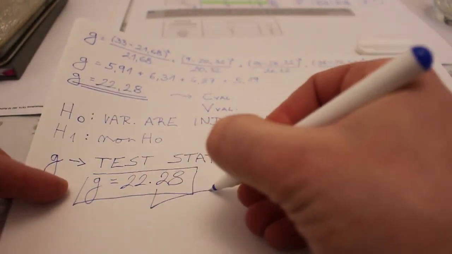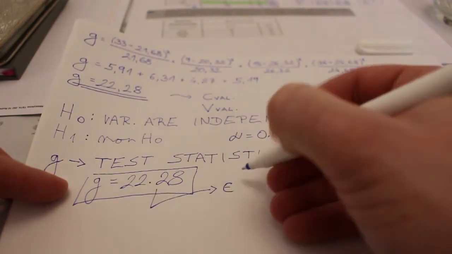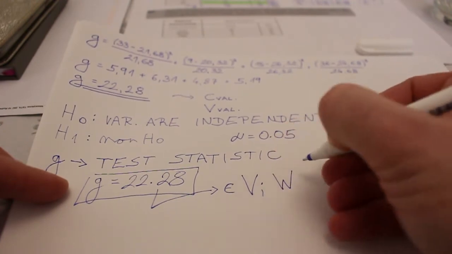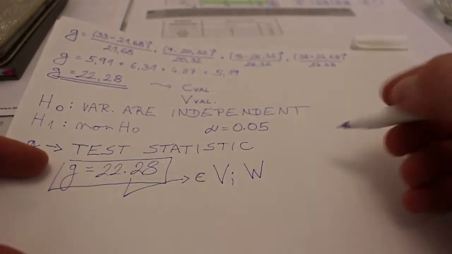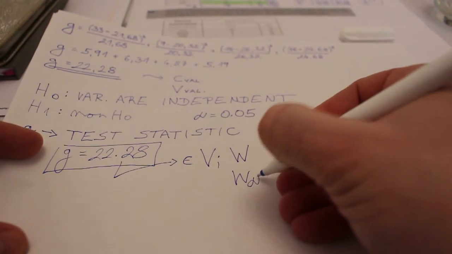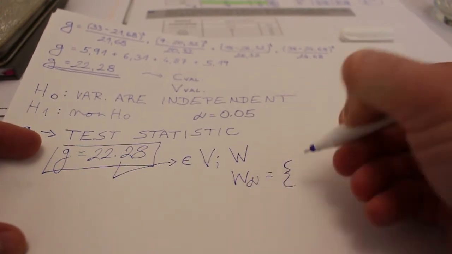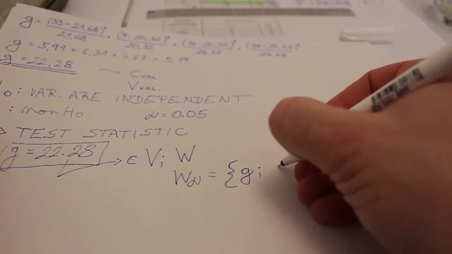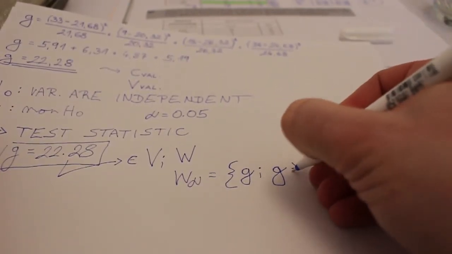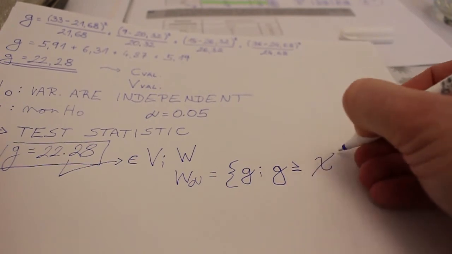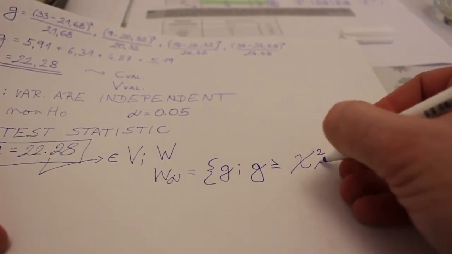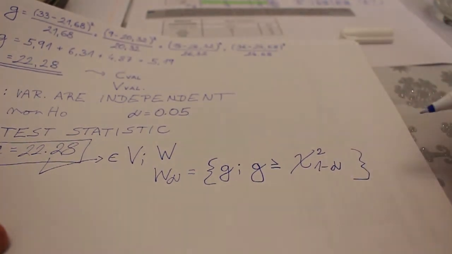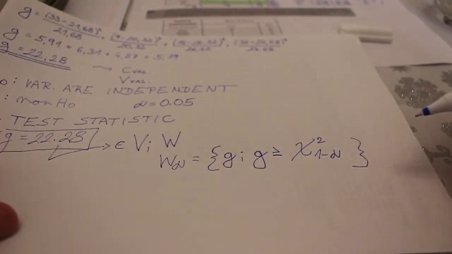This G can be an element either of the region of acceptance or the rejection region, yes? And the rejection region, W alpha, for the situation of statistic G is valid if G is higher or equal to the critical quantile chi squared 1 minus alpha, it's necessary to reject the zero hypothesis.